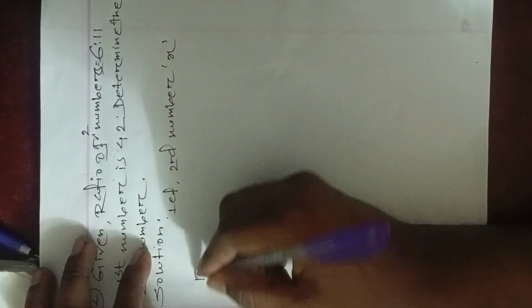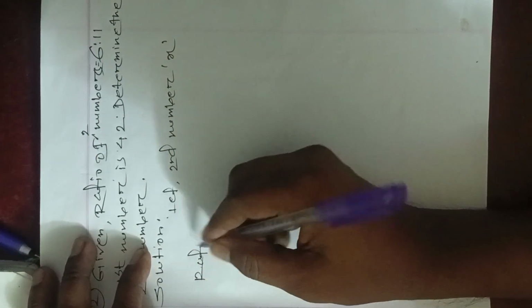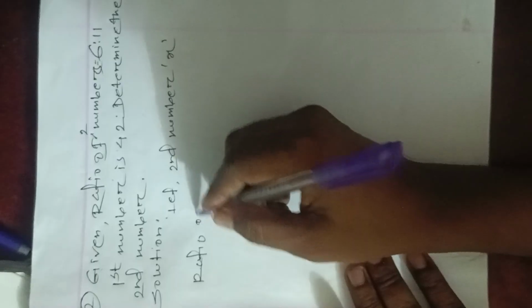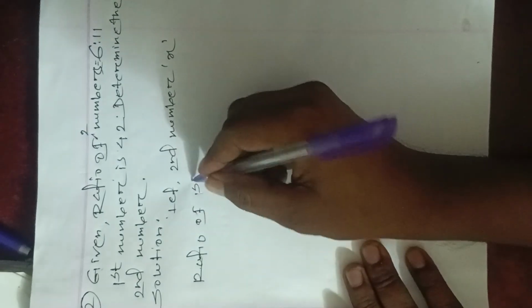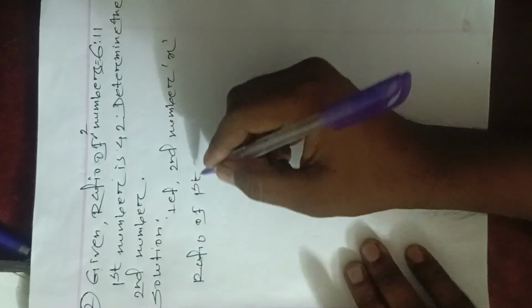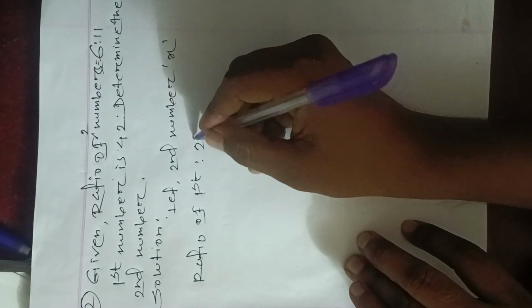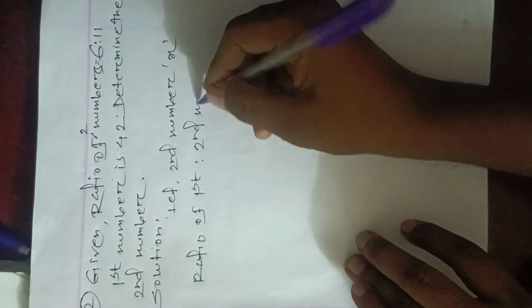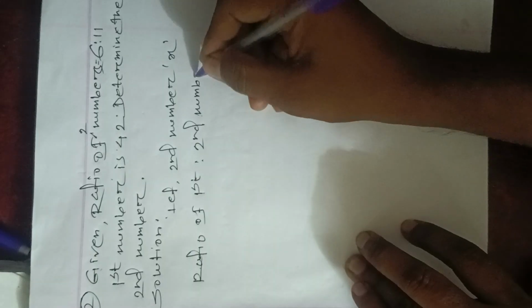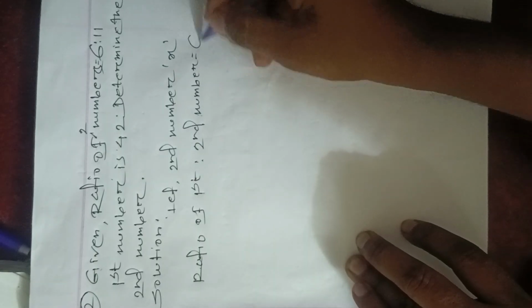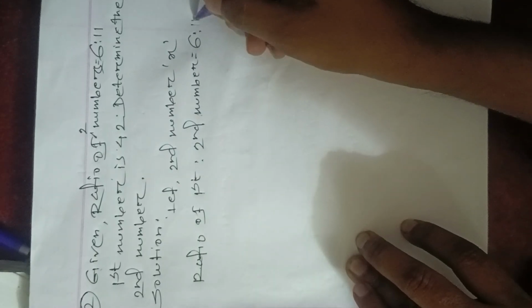Second number is x. So our given ratio of first number is to second number equal to 6 is to 11.